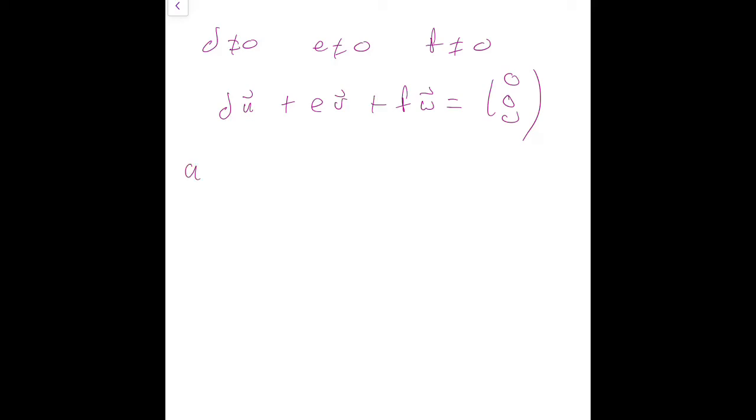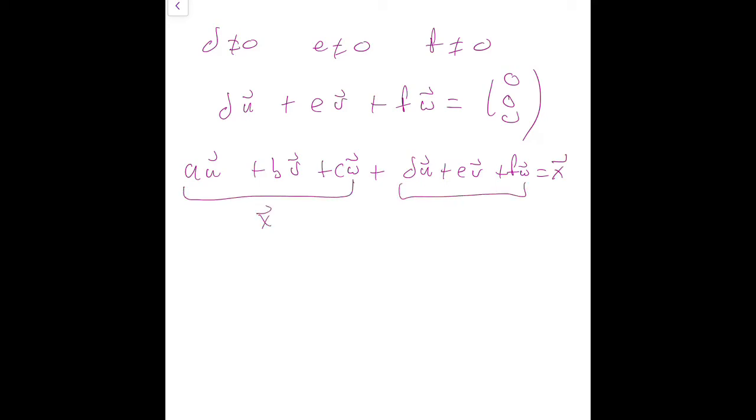Well, think about it this way. AU plus BV plus CW plus DU plus EV plus FW is equal to X plus 0, which is equal to X.